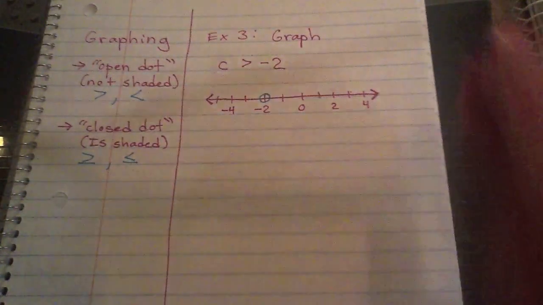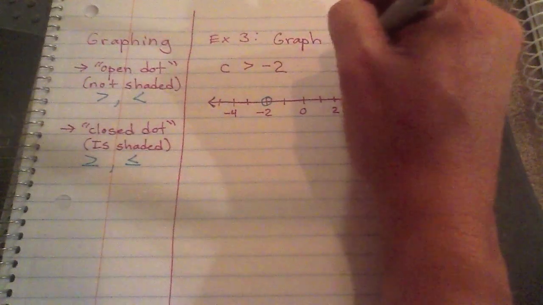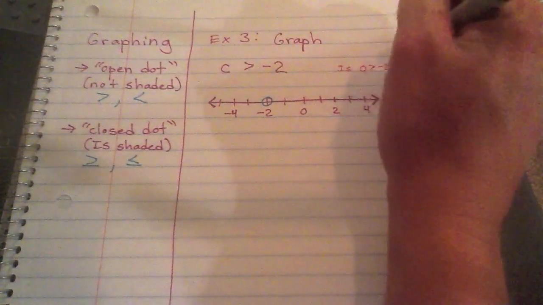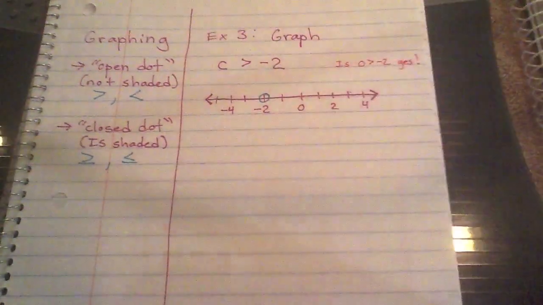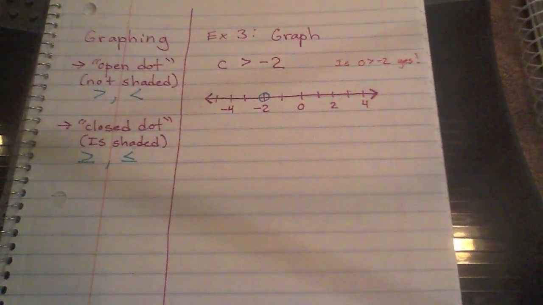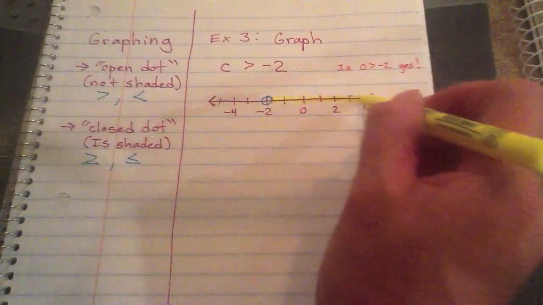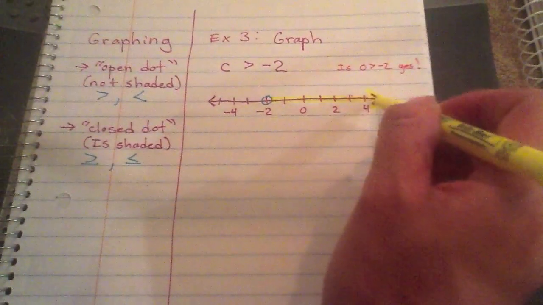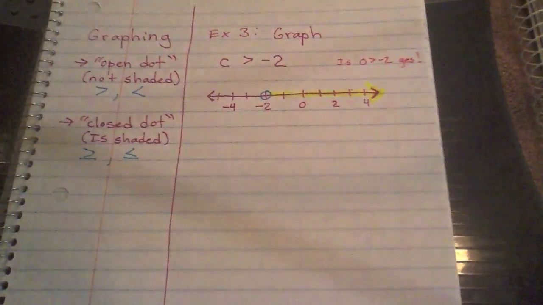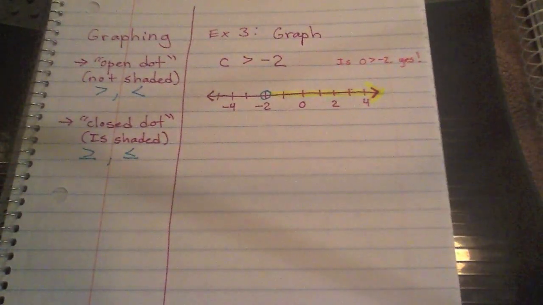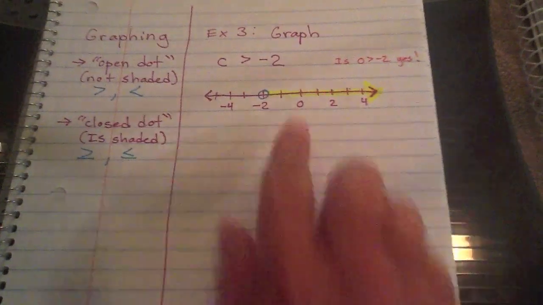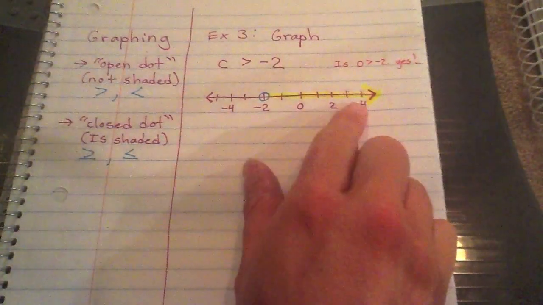So I try a number out. When I get yes, then that's my shaded side. Everything on that side is true. So from this dot over and including my arrow because it's ongoing, that is all of the shaded part of that graph. And these are all possible solutions.